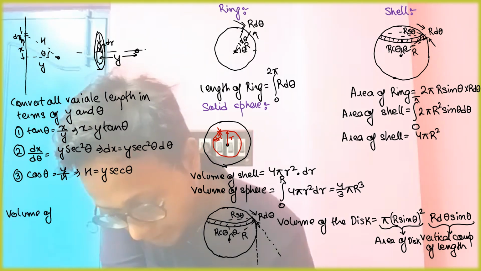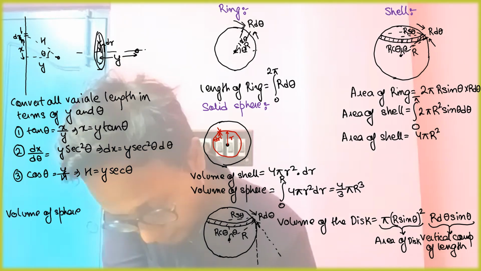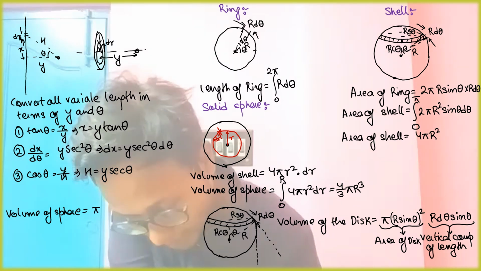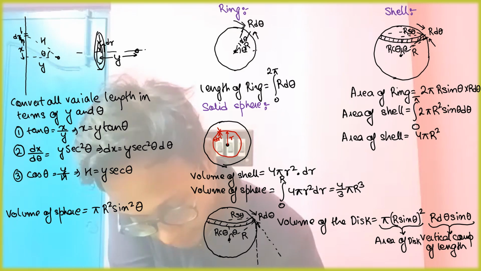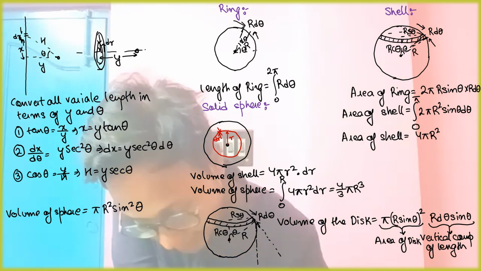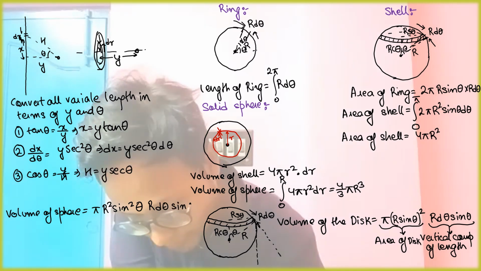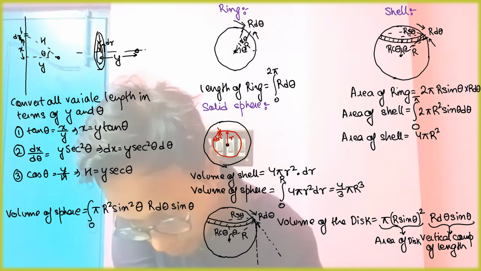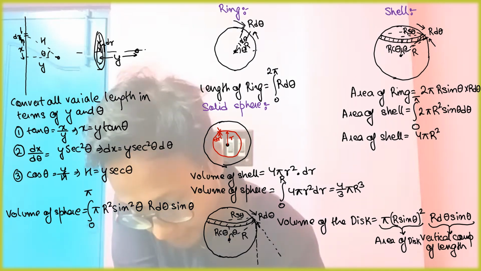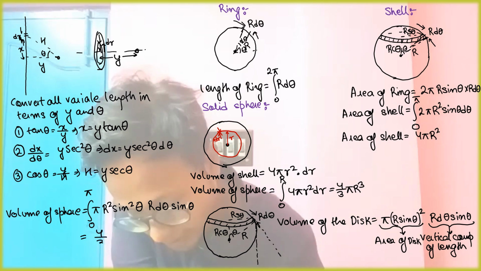Volume of sphere is nothing but pi r square sine square theta into r d theta sine theta. And I have to integrate the shell from 0 to pi. And we'll get the same answer, 4 by 3 pi r cube.